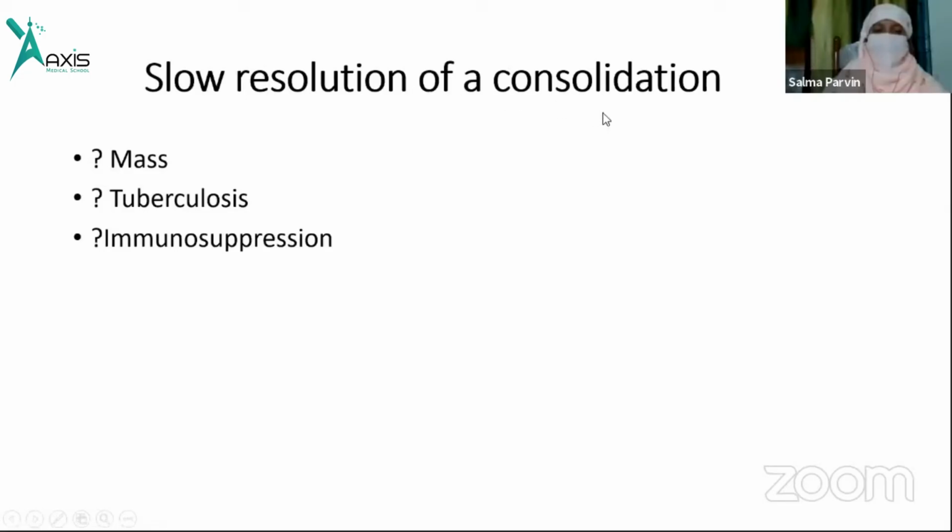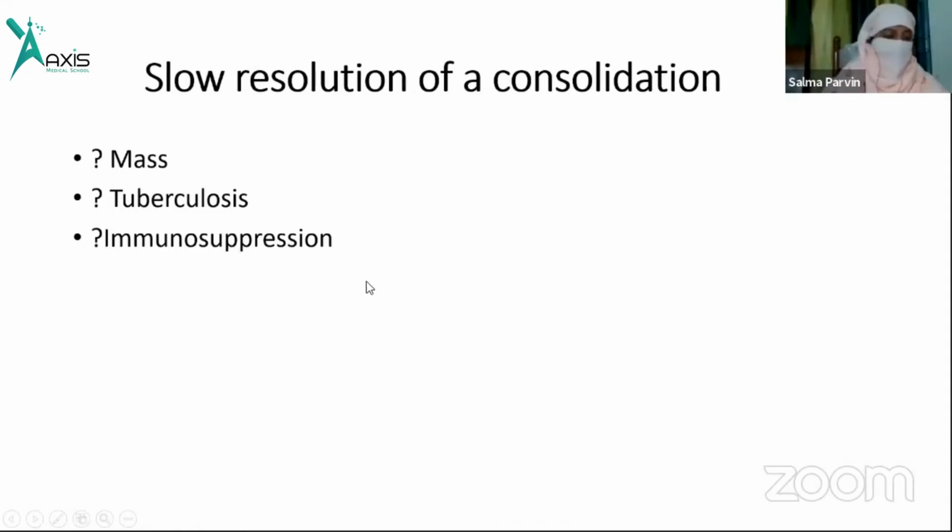For a slowly resolving state of lung consolidation, we have to find some important clues, whether this is a mass, a possibility of tuberculosis, or a possibility of immunosuppression. These three things you have to rule out.